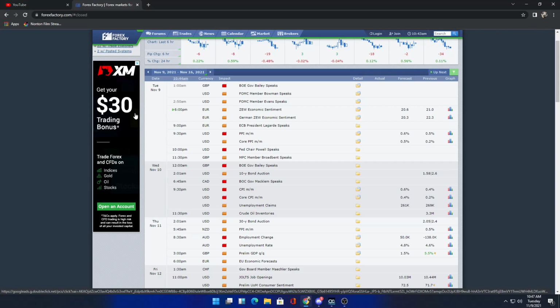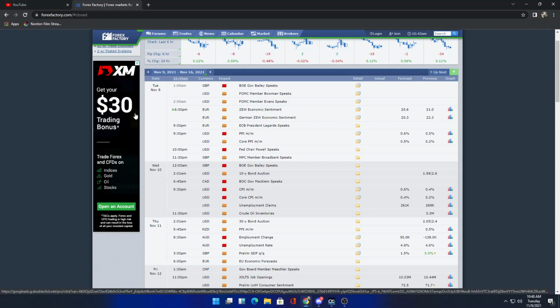So that's the hint for the USD, and the USD is still strong, still in a bullish moment.